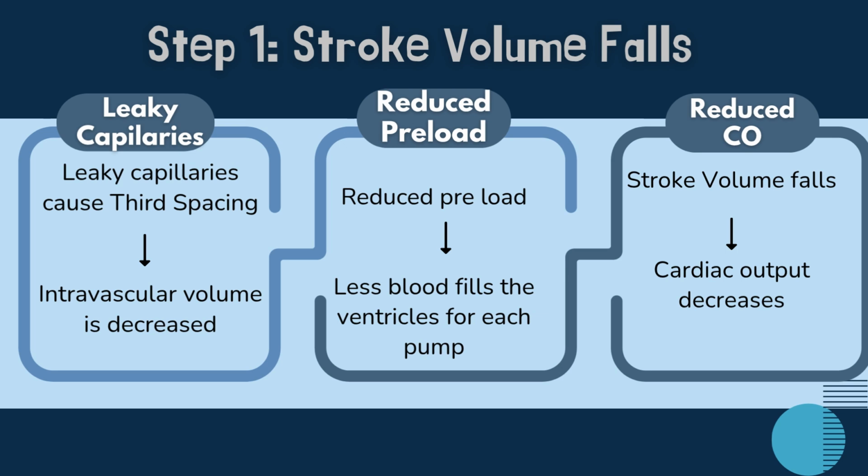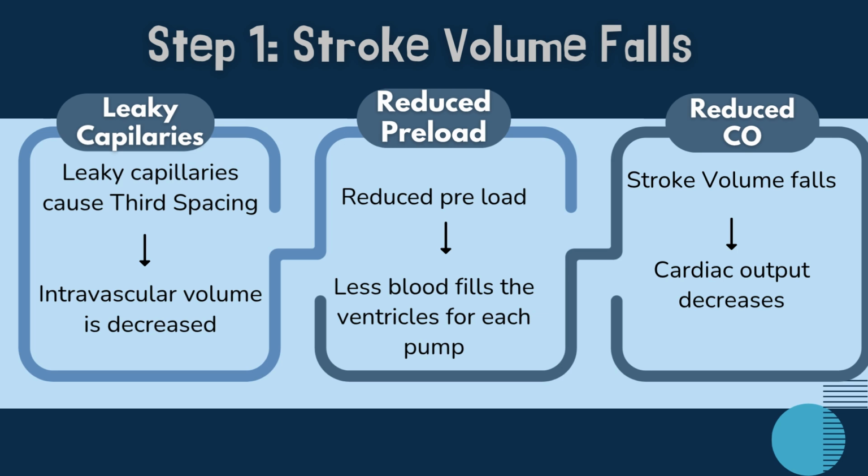Plasma leaks out of the vascular space, and venous return, which is preload, drops. When we have less preload, the ventricles don't fill with enough blood to pump out with each beat. So even though the heart is beating hard and fast to compensate, the actual amount of blood ejected per stroke, or the stroke volume, is reduced. So if we have a reduced stroke volume, we have reduced cardiac output.